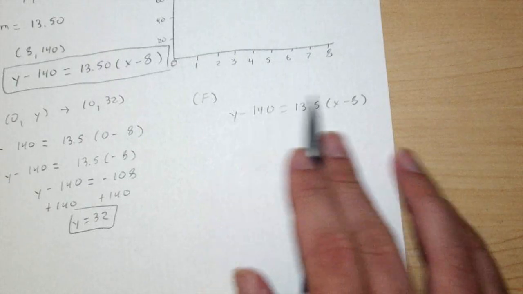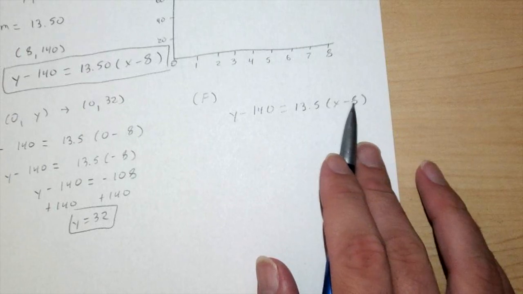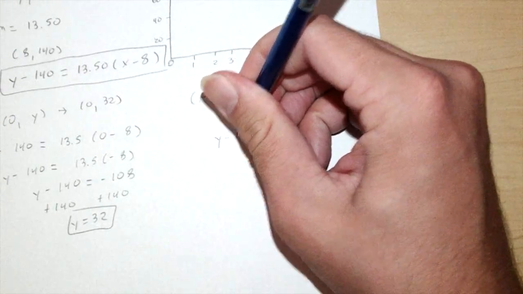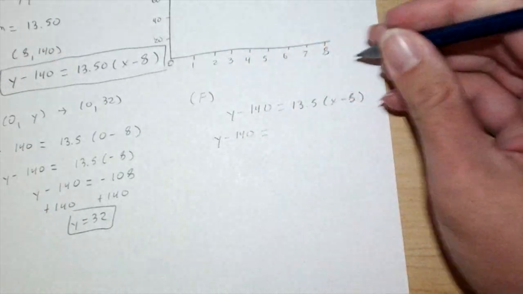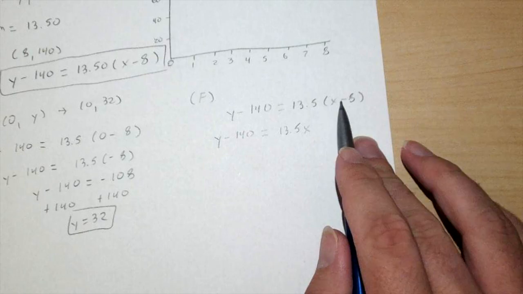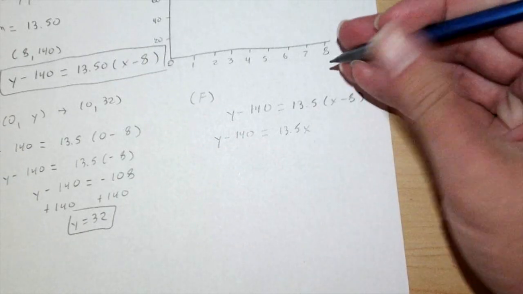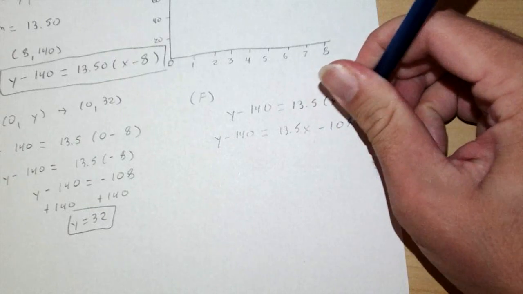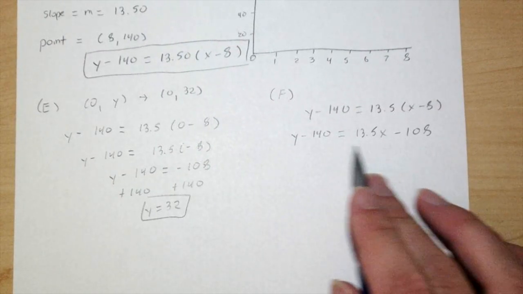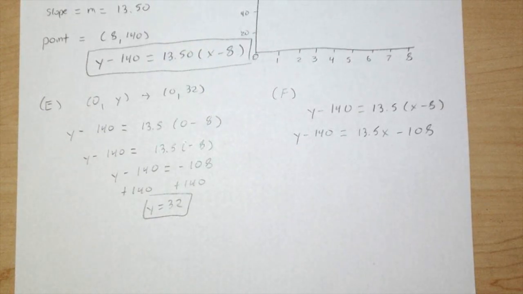Okay, so if you ever need to rewrite this into y equals mx plus b, just think about it like it's an equation. We can rewrite this as 13.5x minus that times that, which we did for the last one, as 108. And if I bring this over here, we have y equals mx plus b.